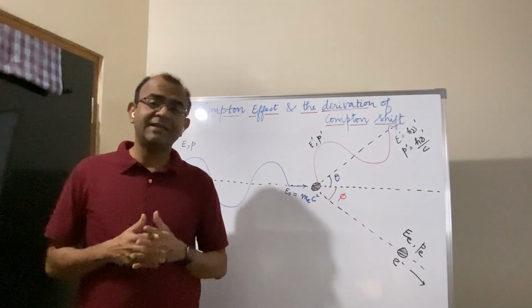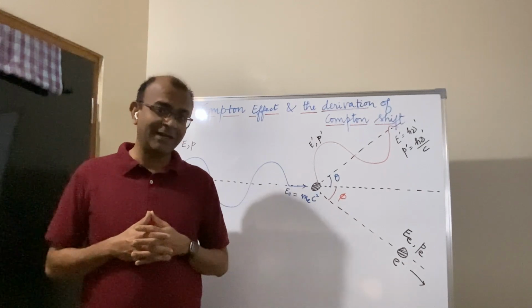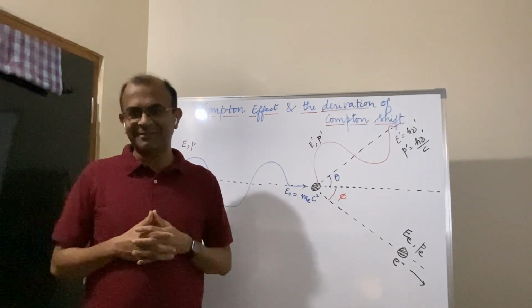So the Compton effect is essentially a scattering process, much like the scattering of billiard balls, and therefore it also goes by the name Compton scattering.